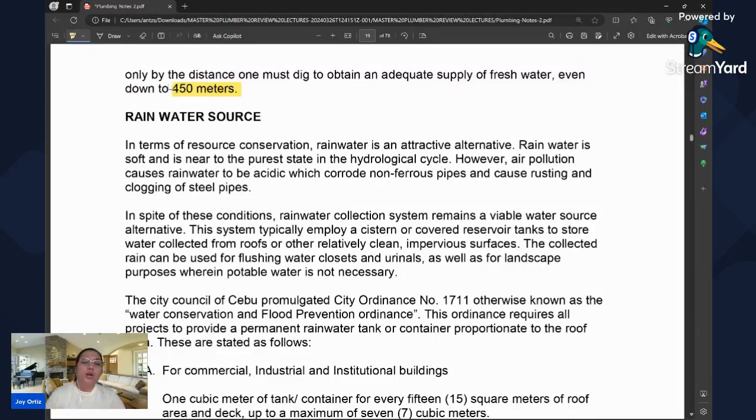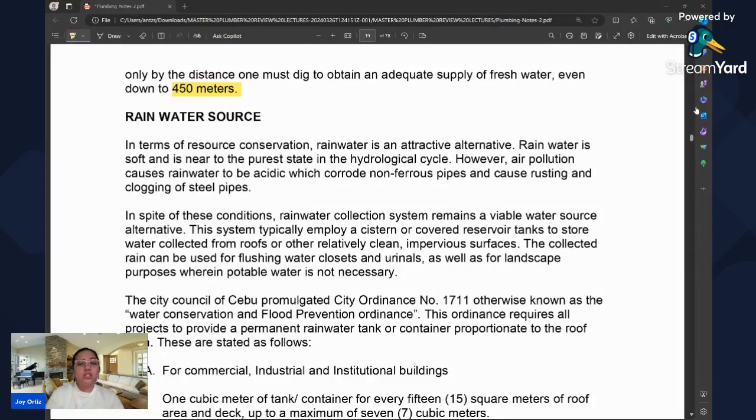Now, let's go to the rainwater source. Ayan. So, sa rainwater source, in terms of resource conservation, rainwater is an attractive alternative. So, rainwater is soft and is near to the purest state in the hydrological cycle. However, air pollution causes rainwater to be acidic, which corrodes non-ferrous pipes and causes rusting and clogging of steel pipes.